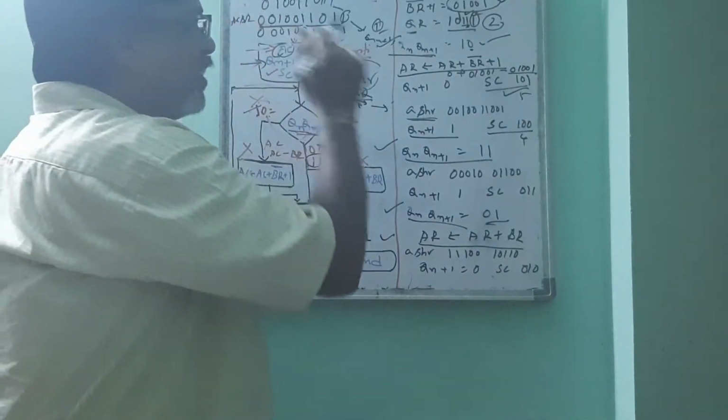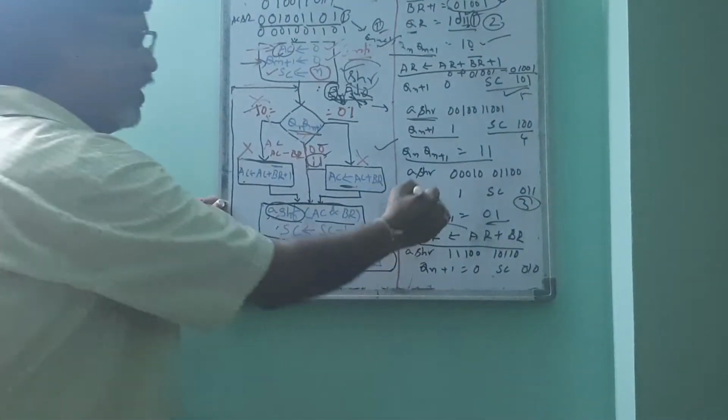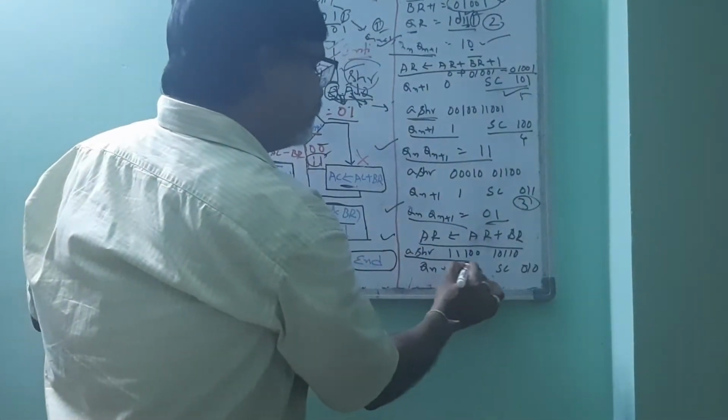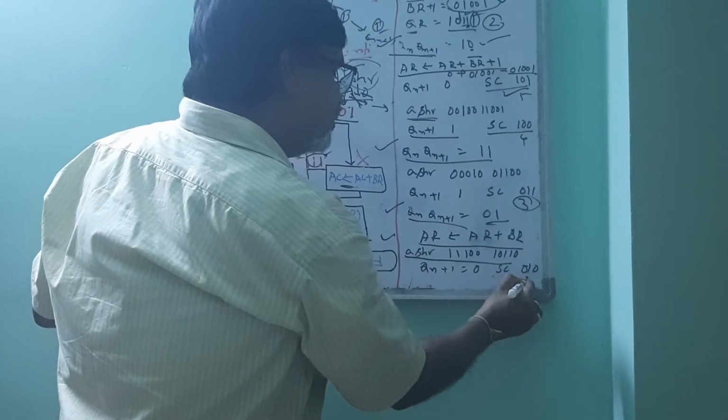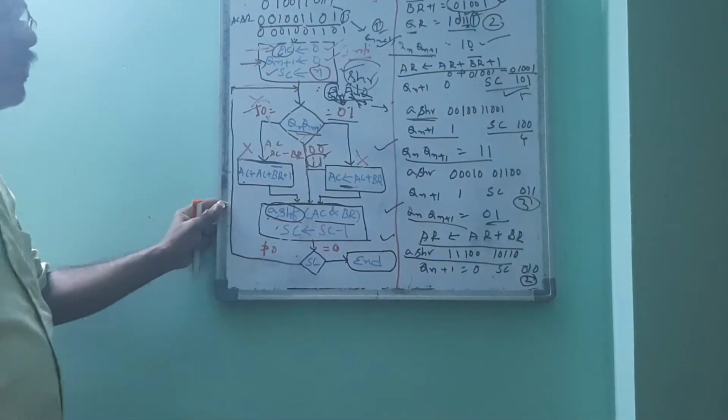After doing that, the sequence counter value will be 3, and after shifting right, we decrement the sequence counter value and it becomes 2.